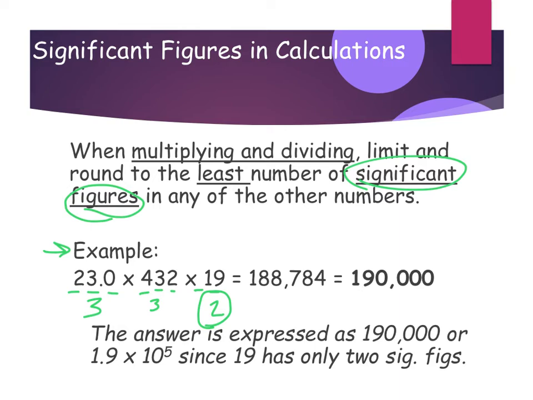So although the calculator gives me 6 digits, I only want to take the first 2. Does the 8 cause the first 8 to round up? Yes, it does. So I've got 1, 9, and then my placeholder zeros. You could also write this in scientific notation. You just want to make sure it has 2 significant figures, because the least number of significant figures of all of your factors is 2.